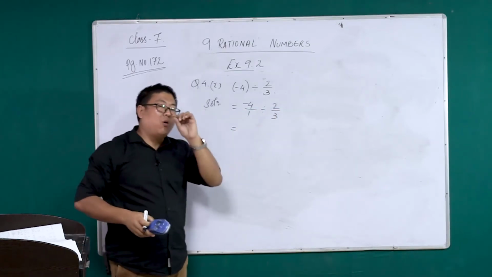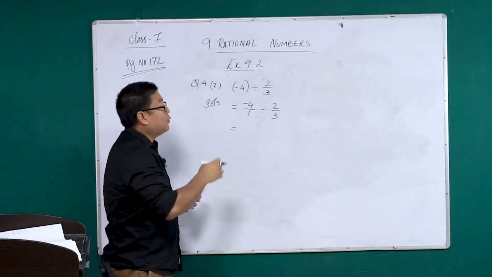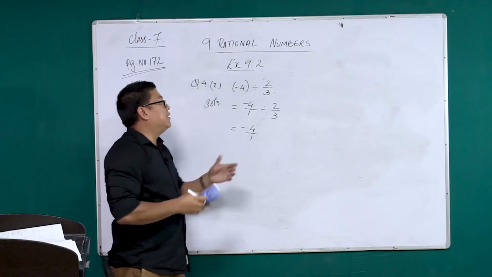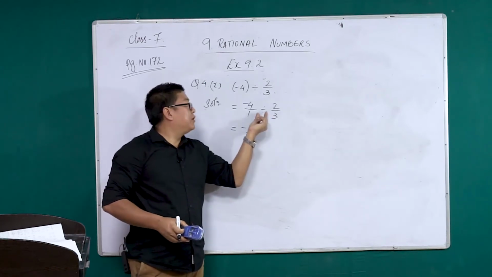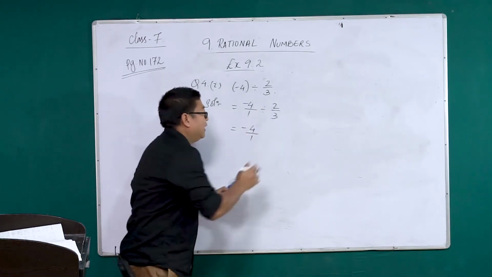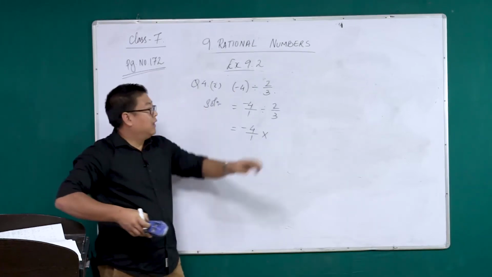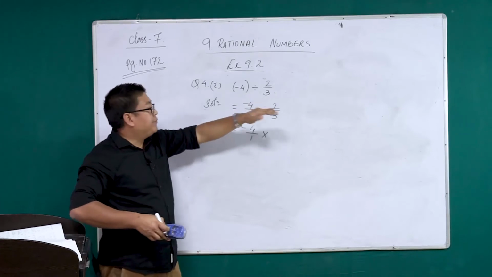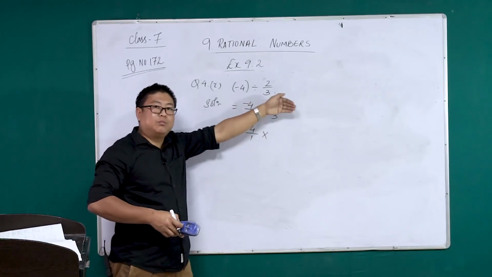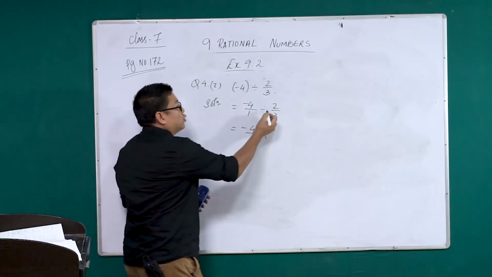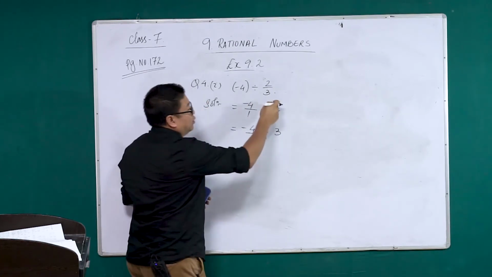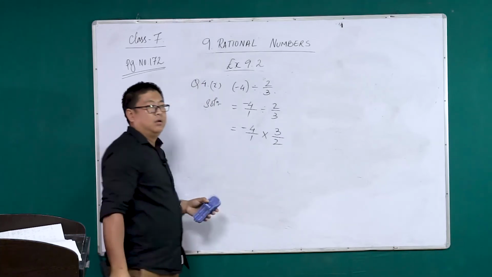In division, there is only one extra step. That is, we have already learned about reciprocal. When you change this divide into multiply, these two will change their position, which is called reciprocal. Denominator will become numerator, numerator will become denominator. So this divide I change to multiply, that means 3 will come on top, 2 will go below.